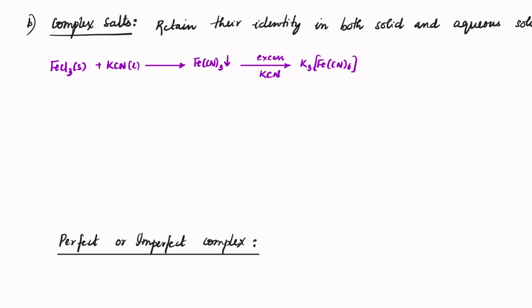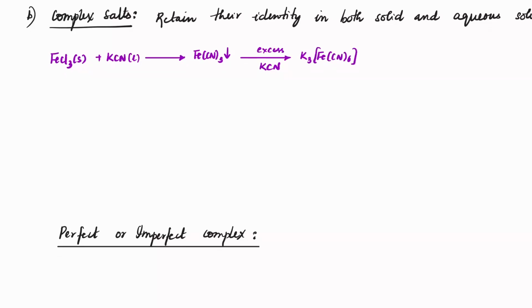Got it? Now, if you solidify or crystallize this, imagine K3[Fe(CN)6] crystals. If you add these crystals to aqueous solution, you would only identify this as 3K+ and [Fe(CN)6]3-.